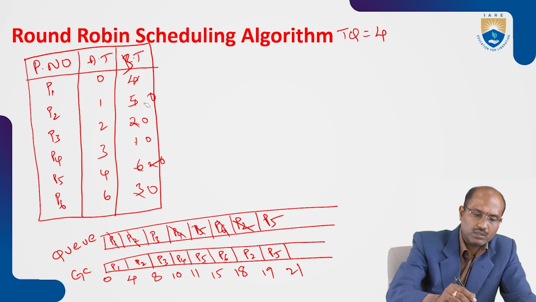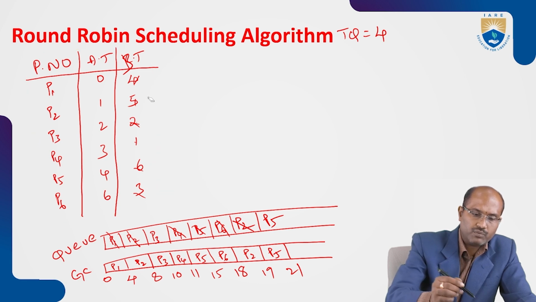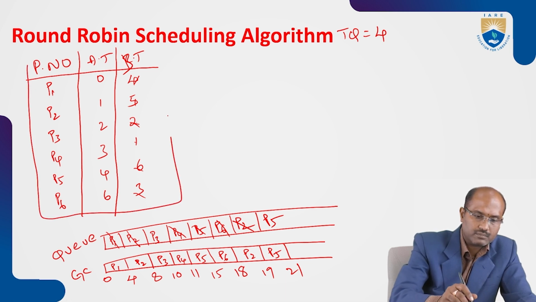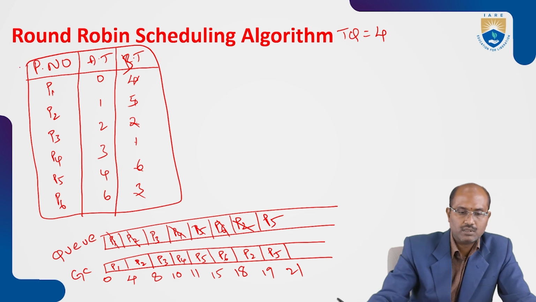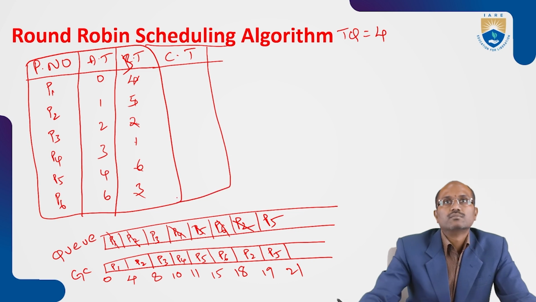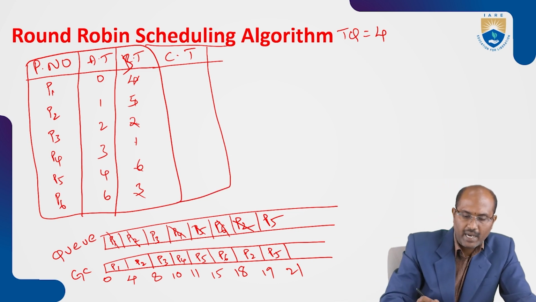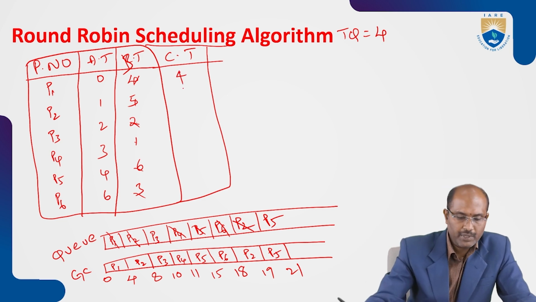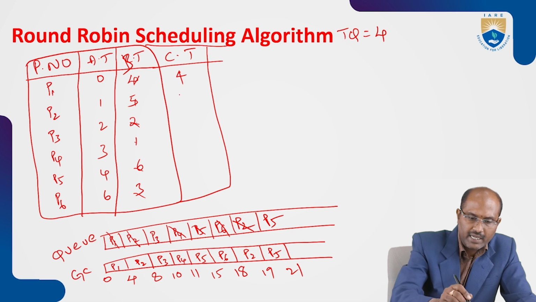So these are the processes which completed at time quantum 4. Then we calculate the completion time. Coming back to front, P1 is completed at 4 units of time.